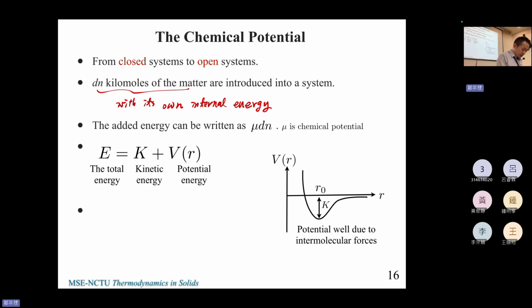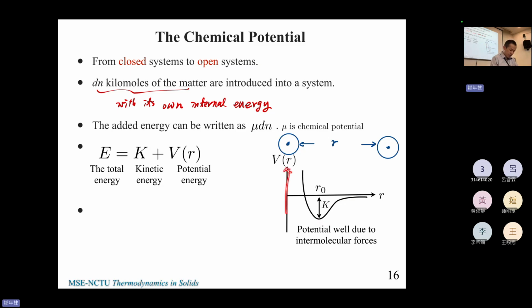All right, so for example, if you have a particle or atom here, and then you're adding another atom here, and their distance we call R. Okay, so the potential energy V can be written in this form.